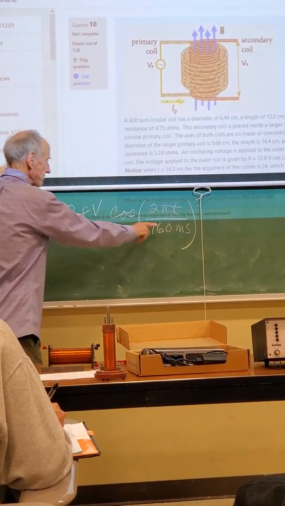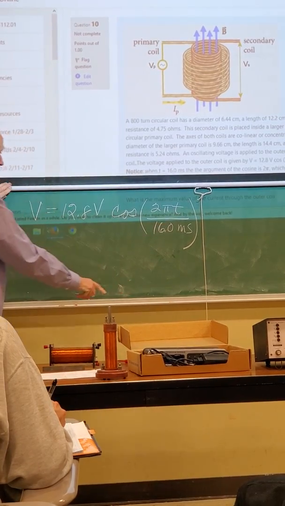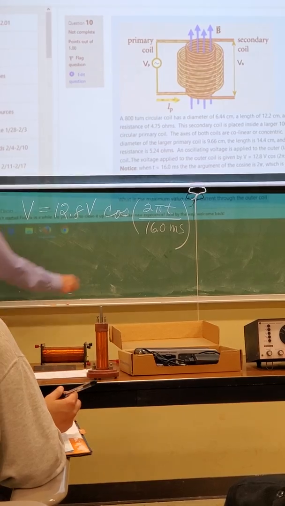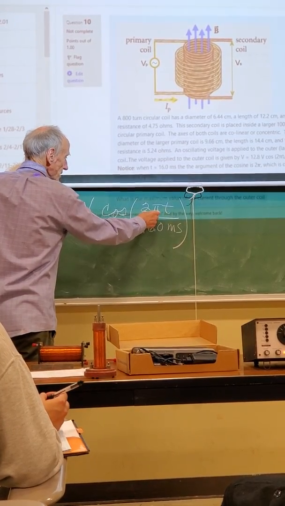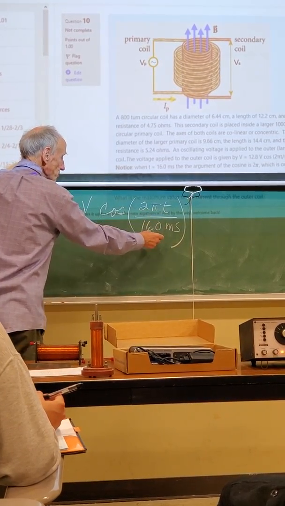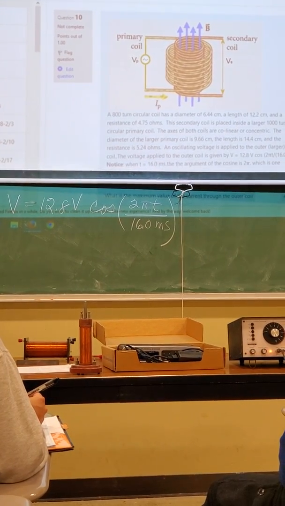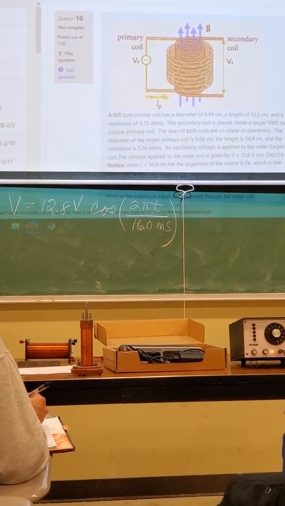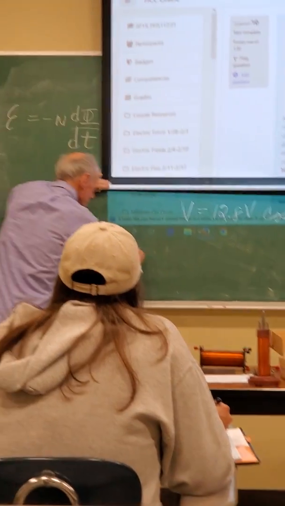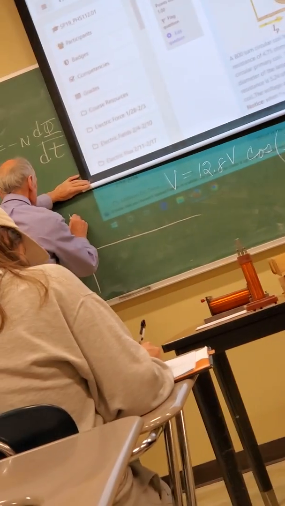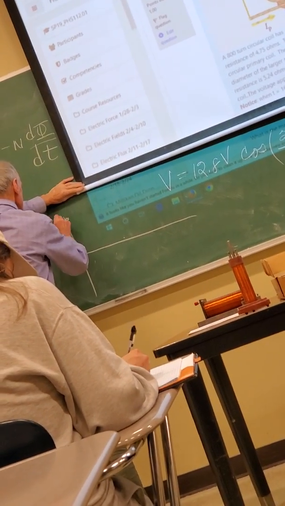So let's understand what this means. When t equals 0, this will equal 0, and the cosine of 0 is 1. So if I graph this, it's going to start at 12.8 volts.